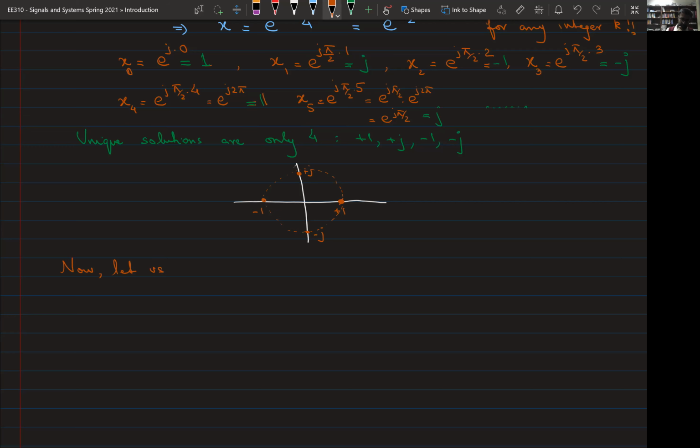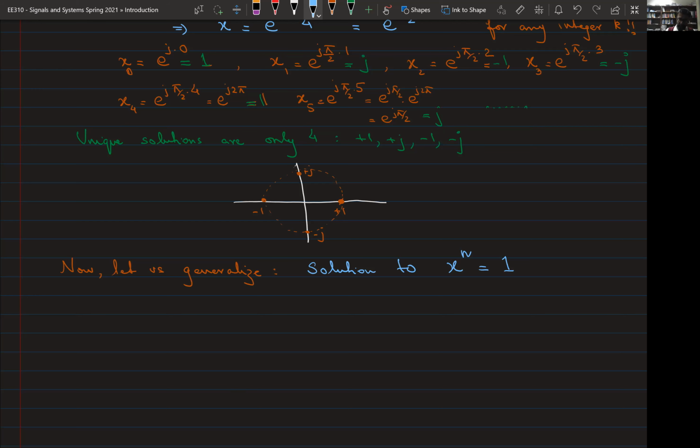Okay, so let us generalize. What do I mean? What is the solution to x raised to power n equals 1, where n now could be any integer? I go about the same principle as I did in the beginning, which is that 1 is equal to e raised to power j 2 pi times any integer k.